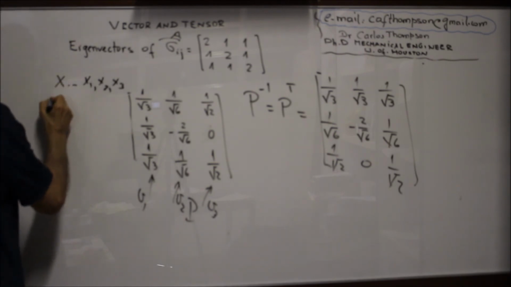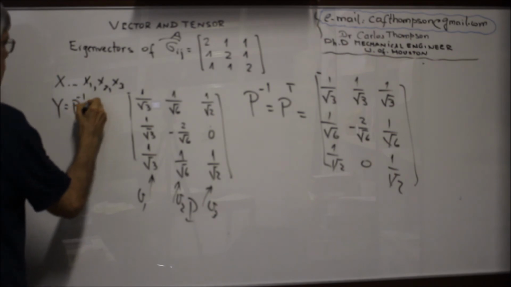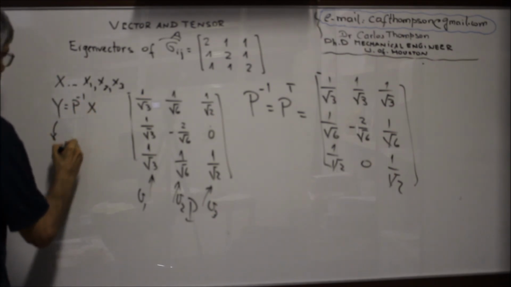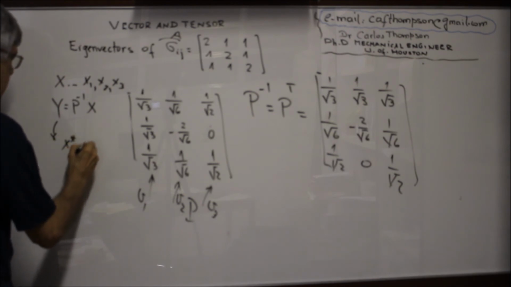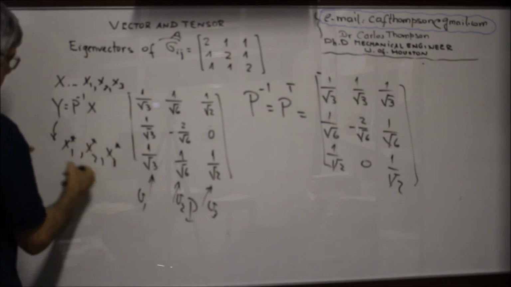Now the same vector Y will be P minus 1 X. The components of Y will be in X1, X2, and X3.